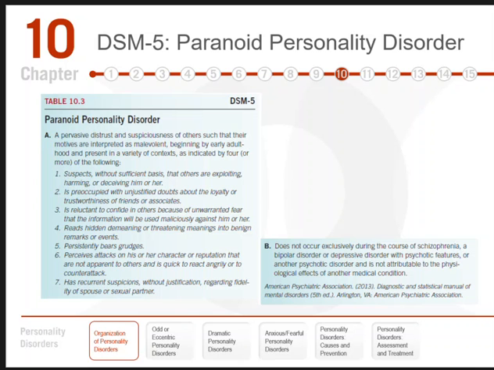That's another point that needs to be emphasized. Children are not given personality disorders. It's too difficult to tell if a child's just going through a developmental stage where you would swear they're acting like they have a personality disorder, but you can't determine at that point whether they're going to grow out of it, so to speak. So personality disorders in general are only given to adults.